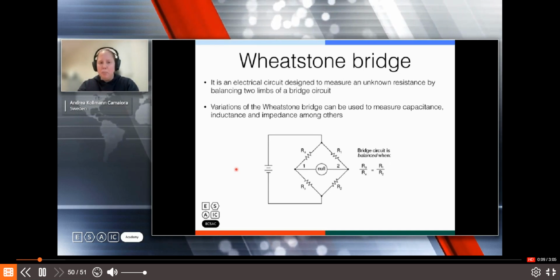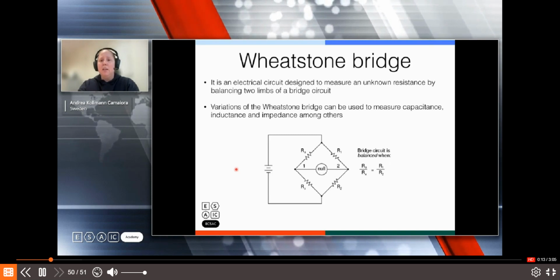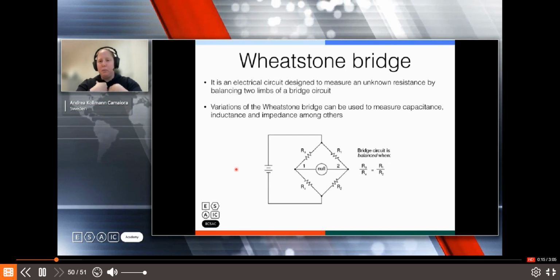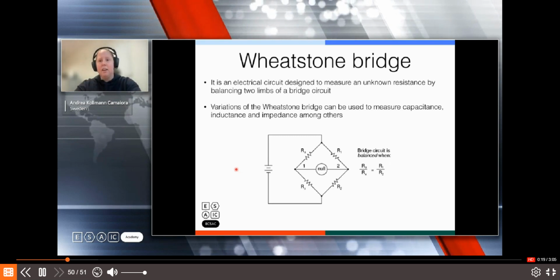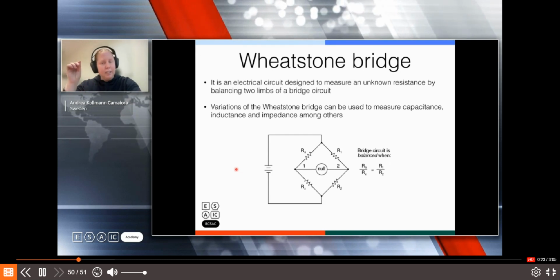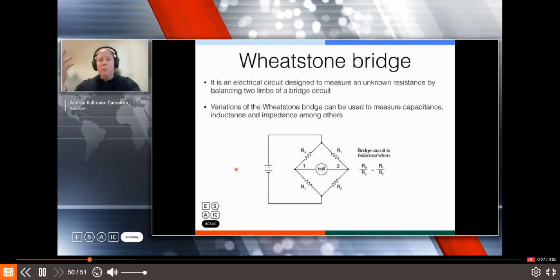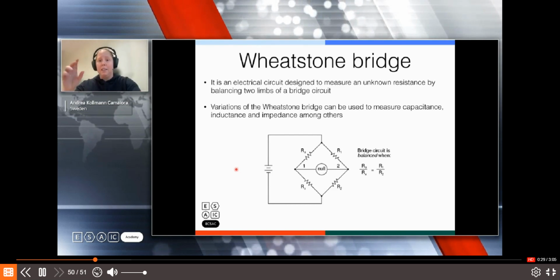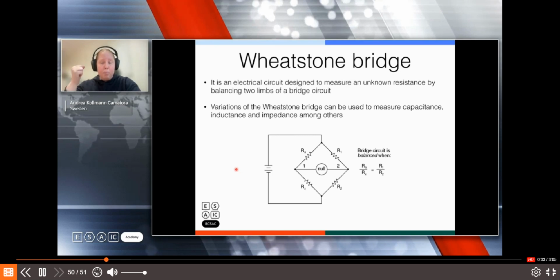about the Wheatstone bridge. The Wheatstone bridge is very important because when we measure something from the body, we don't get electrical numbers. We don't get a number in the monitor from the body. It needs to go through some sort of transduction. We usually get pressure, and then that is converted into a number in our monitor.